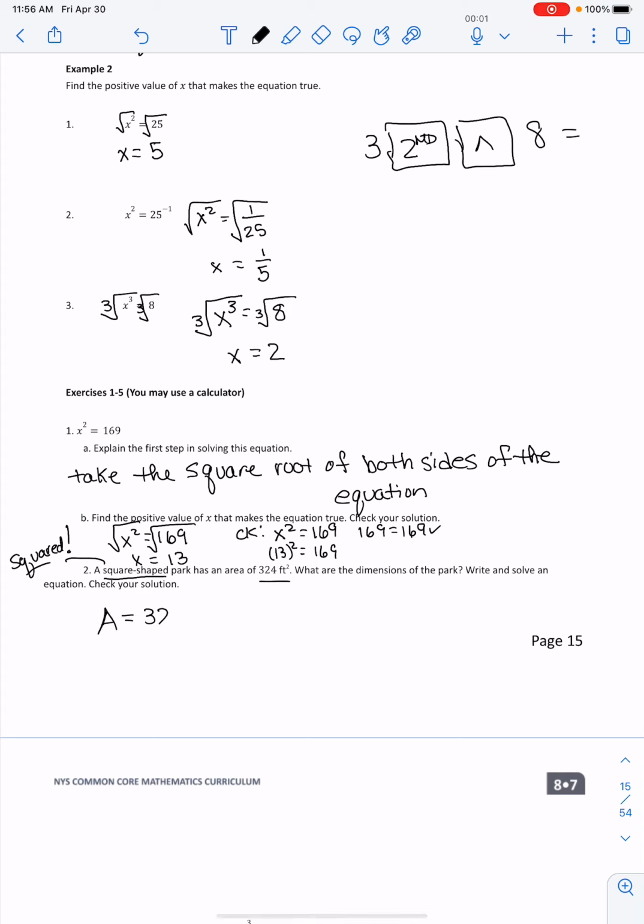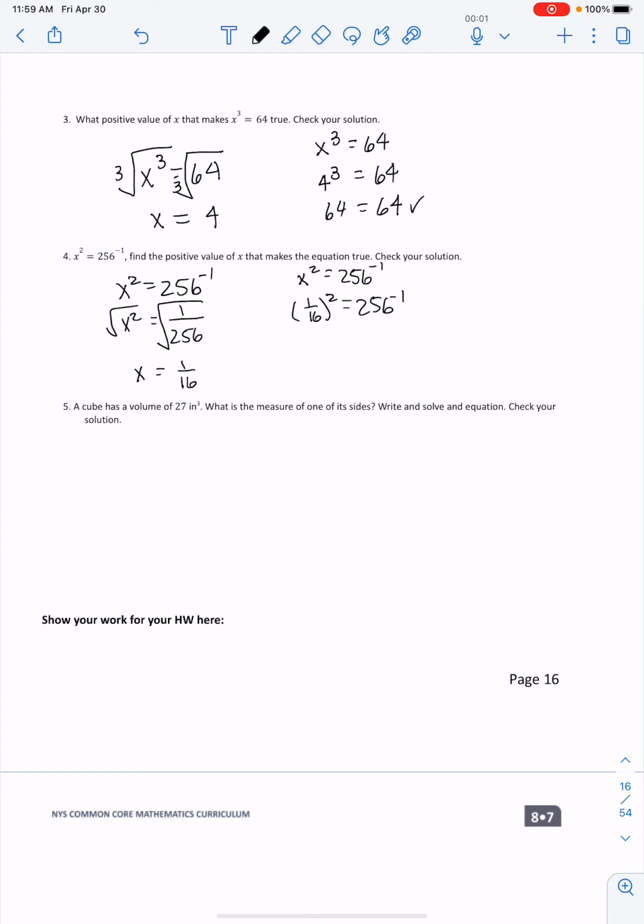Now to check this, we have x squared equals 256 to the negative 1. So we have 1 over 16 squared equals 256 to the negative 1. So here I have 1 over 256 equals 256 to the negative 1. So 256 to the negative 1 equals 256 to the negative 1.